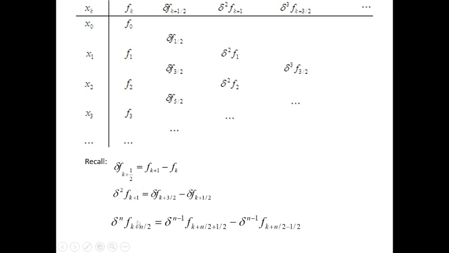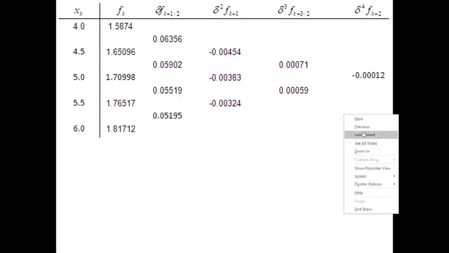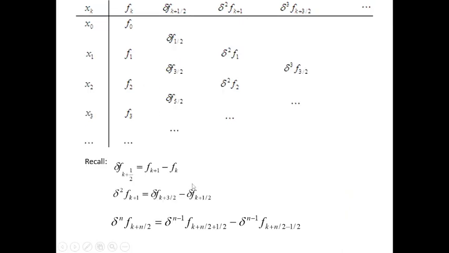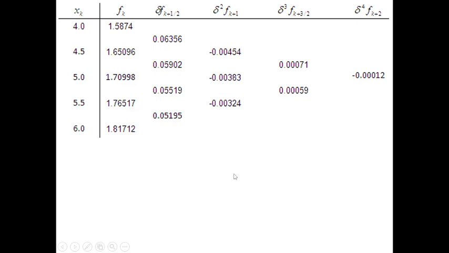Then delta to the power of n, f sub k plus n over 2 equals delta to the power of n minus 1, f sub k plus n over 2 plus 1 half, minus delta to the power of n minus 1, f sub k plus n over 2 minus 1 half. So we can proceed now.